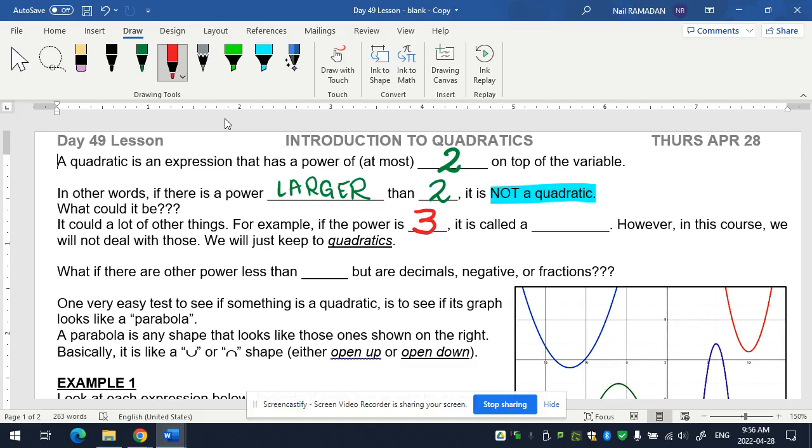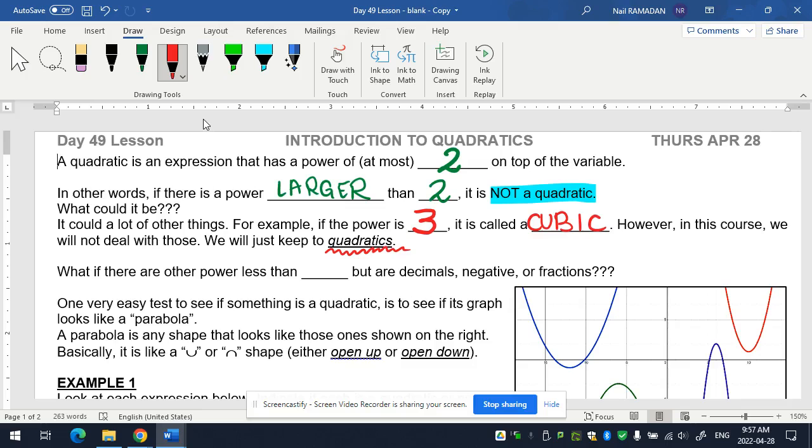Not a quadratic, a cubic. C-U-B-I-C. However, in this course, we do not deal with those. We only keep it to quadratics.